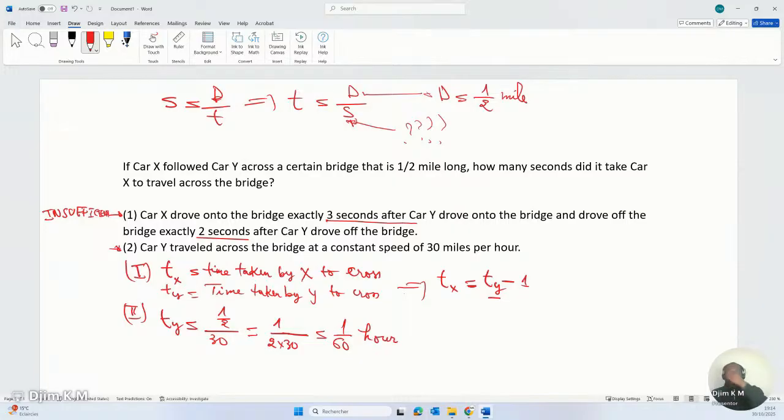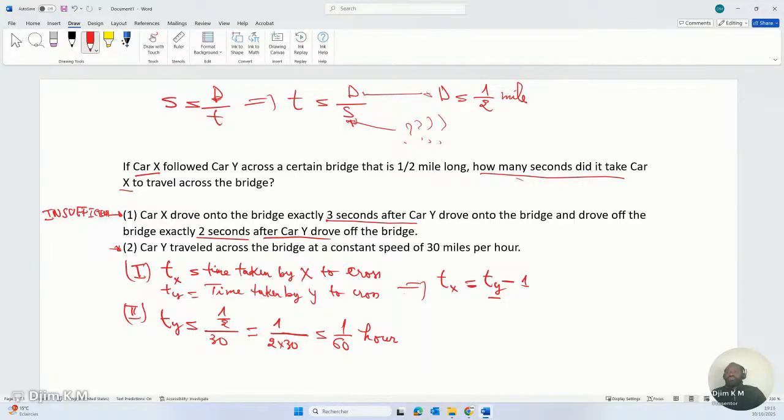But what it is asking us is how many seconds did it take car X? We don't know the speed of car X. Okay, we only have the time for car Y. We don't know exactly how many seconds after car Y drove off the bridge.